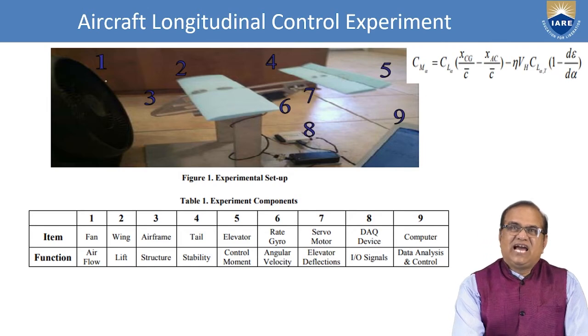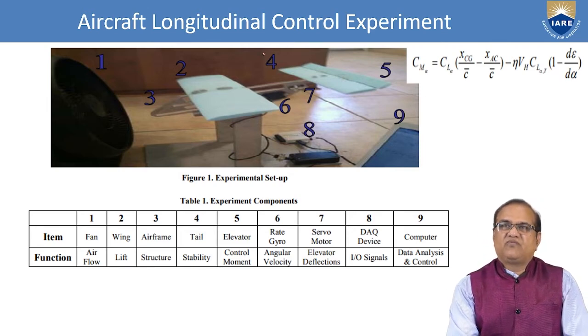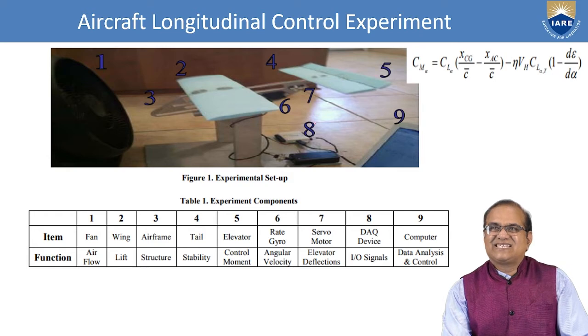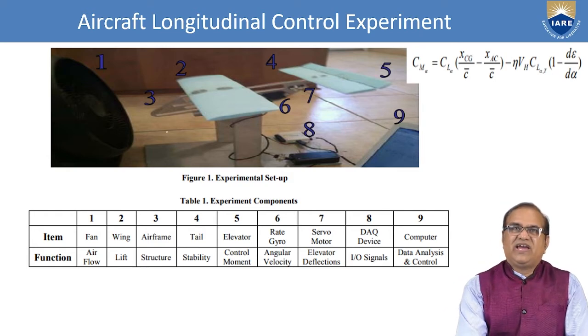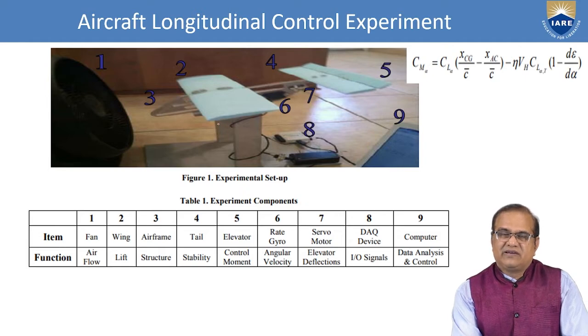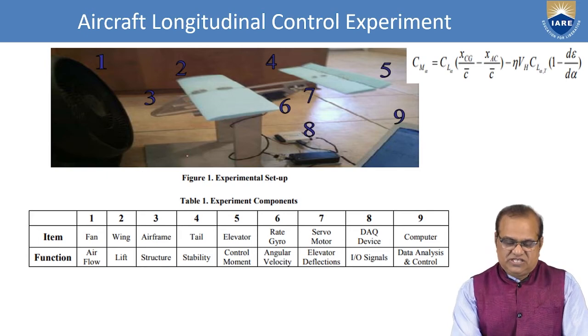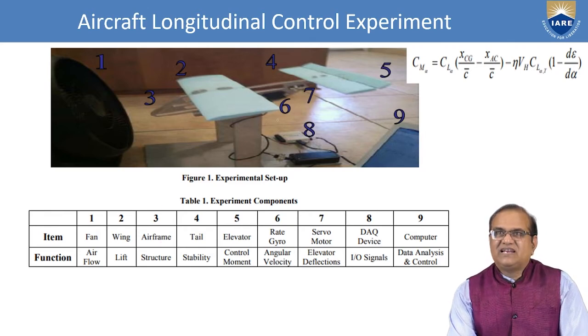Here you can see I have marked 1 to 9. Number 1 is a fan, which is used to blow air onto the aircraft. Number 2 is the wing, number 3 is the fuselage or airframe, number 4 is the tail, and number 5 is the elevator.